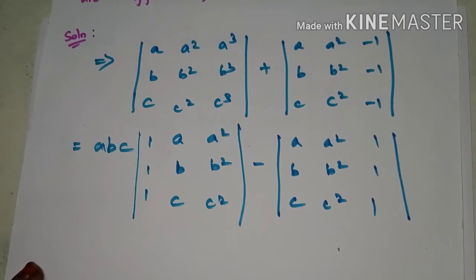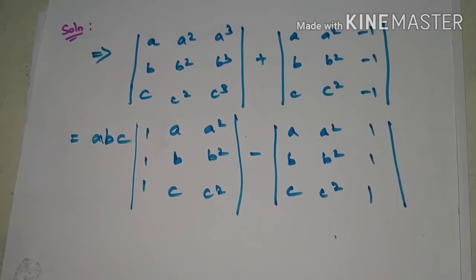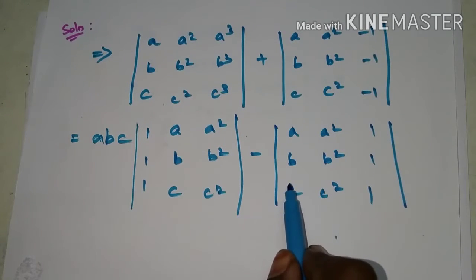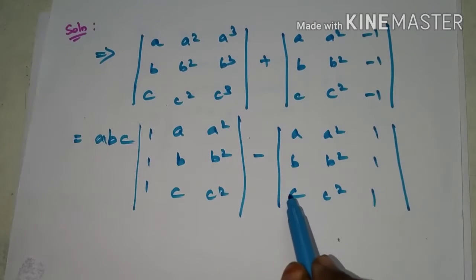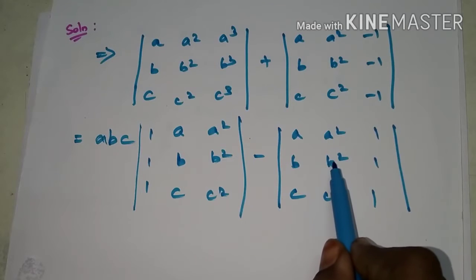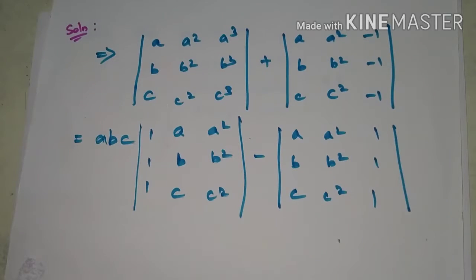Now we can use the property of interchanging the lines, right? So we can change column 3 to column 1 by using the third property. Column 3 moves to column 1, column 1 moves to column 2, and column 2 moves to column 3.